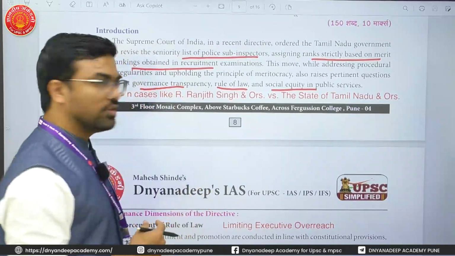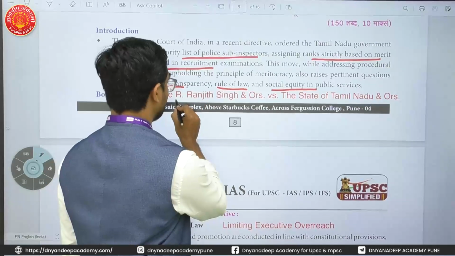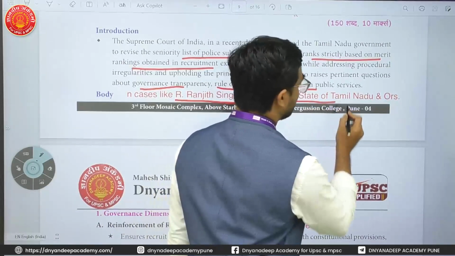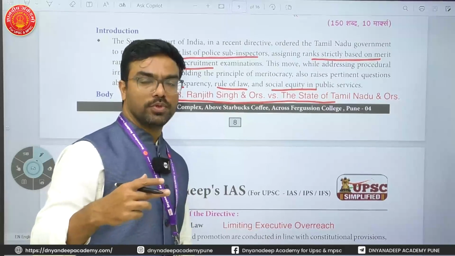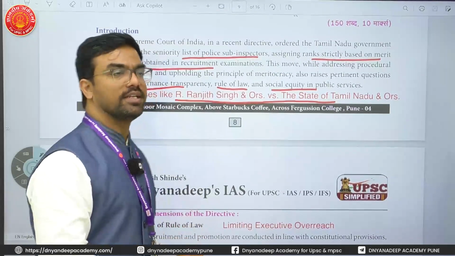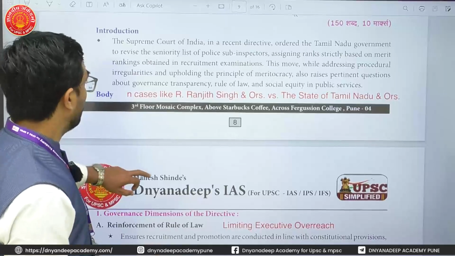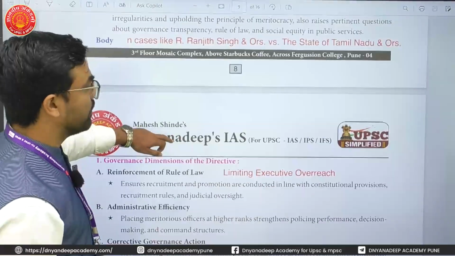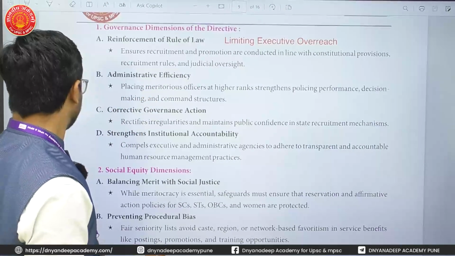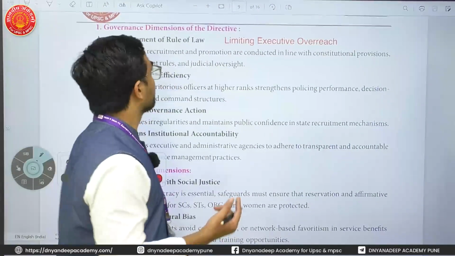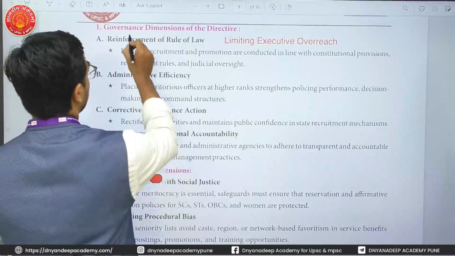And you also have to write the name of the case, R. Ranjit Singh and others versus State of Tamil Nadu and others. So the Supreme Court in this case has given this directive to revise the promotion list of sub-inspectors, right? Now how does this directive address the governance dimensions?